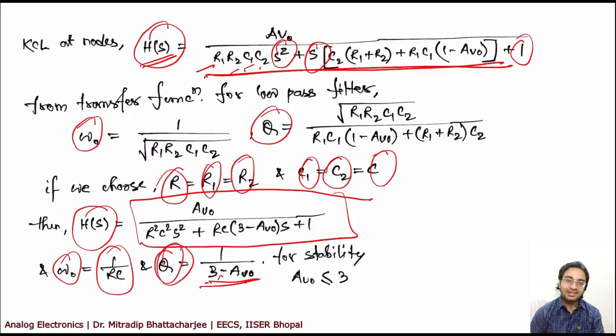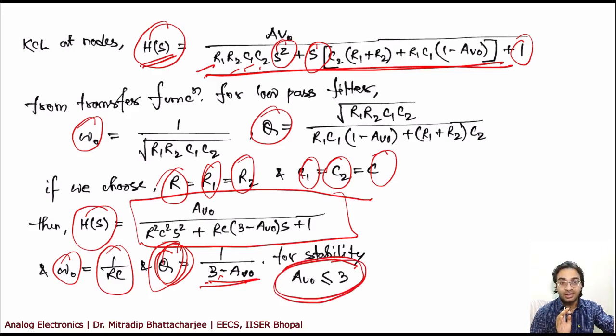Now in that case you will find that it is not following the phase margin condition that we already showed you, right? For stability, what should the condition be? If this Q becomes negative, then your system will no longer be stable. So for stability you have a condition that your gain should be less than or equal to 3.